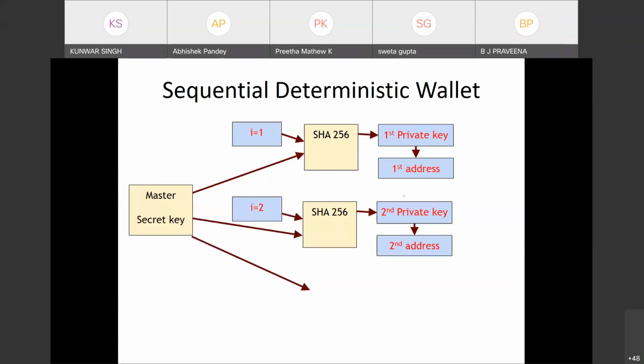This way you can have any number of private keys and addresses, and their origin is the same: the 12 to 24 words which you can easily remember. These are called deterministic. You don't need to remember all these private keys. You just have to remember the 12 to 24 words, run it, and you can recover all the keys.